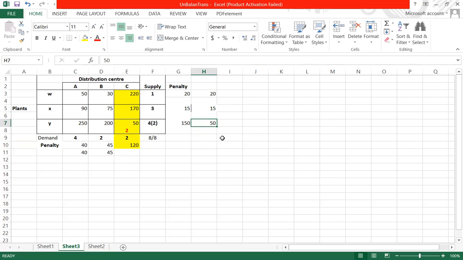In this row we will find the cell with the lowest cost. Now we have this 200 as the lowest cost.